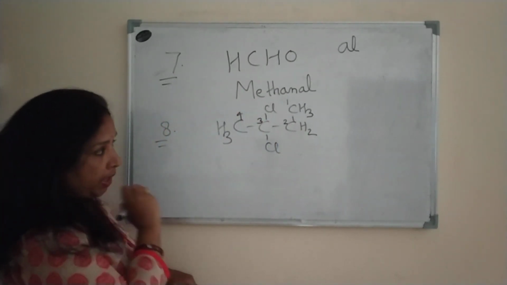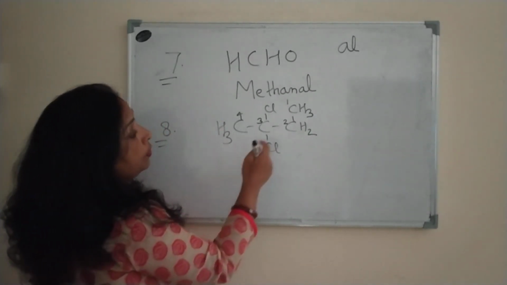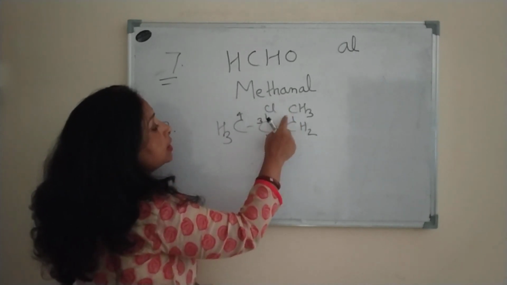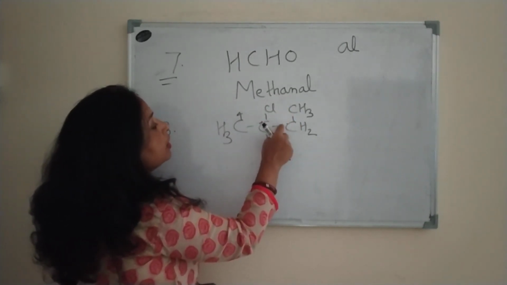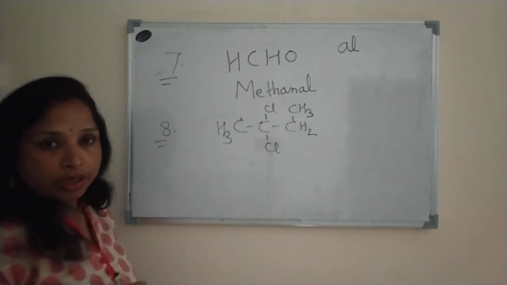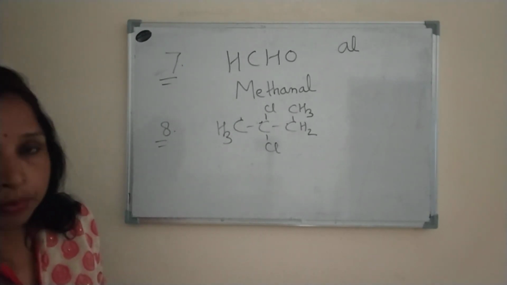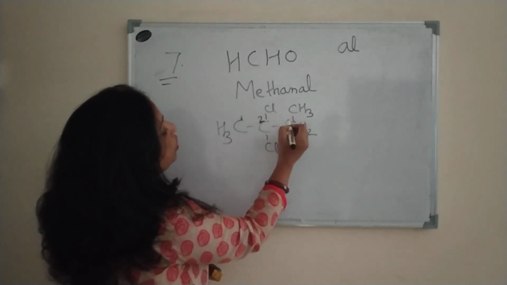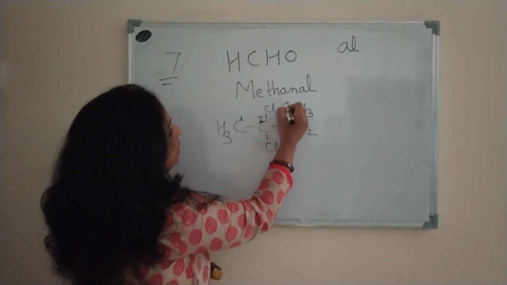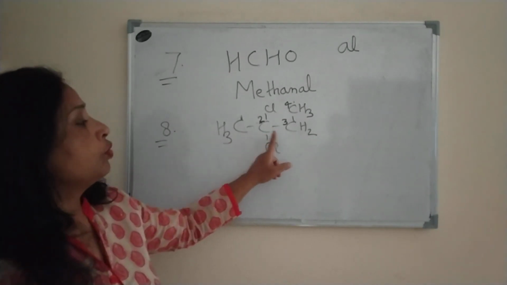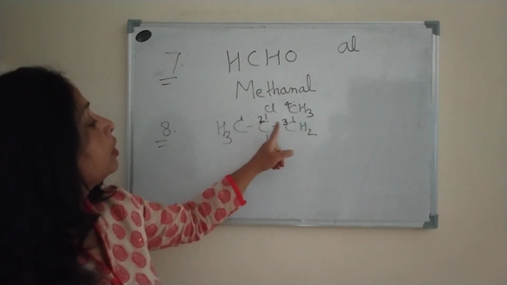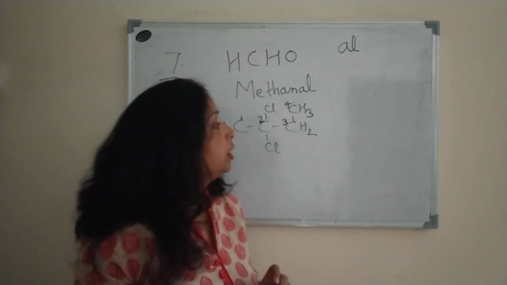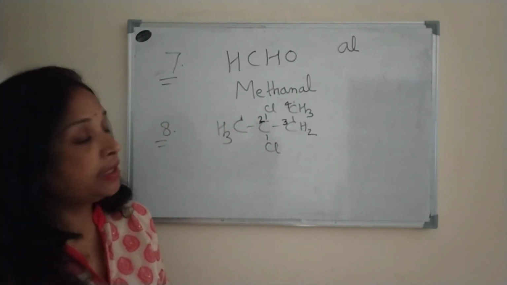In this chain, we have to pay attention so that the side chain gets the lowest numbering, according to the lowest sum rule. So the numbering becomes 1, 2, 3, 4. So 4 carbons are there, and because all bonds are single bonds, we use ane, alkane.